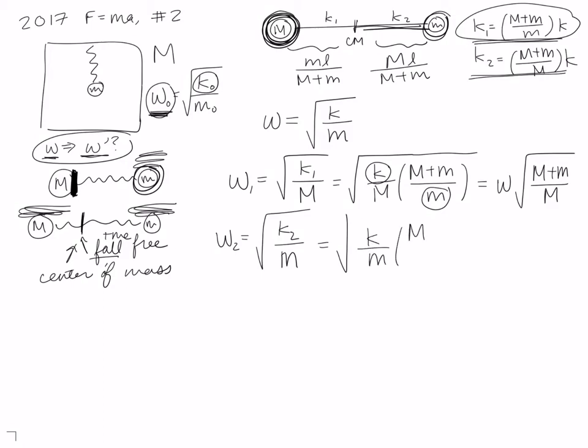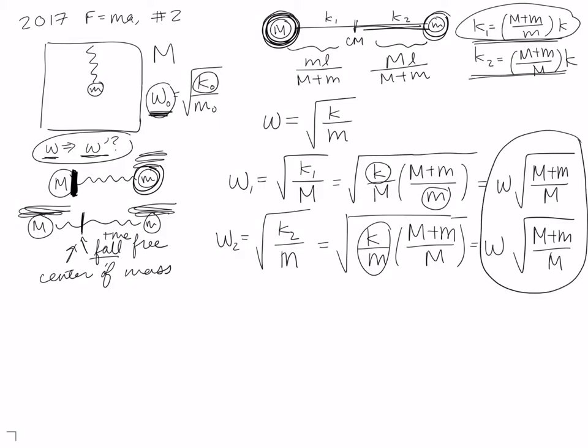We can replace k2 with k, we have divided by m, large M plus small m, all over large M. And once again, we recognize this to be omega, so we have omega times the square root of large M plus small m over large M. What we find about these things is that in reality, omega 1 and omega 2 are the same, which is to say that the angular frequency of oscillation for both the mass hanging from the spring and the box within, their angular frequencies are the same.